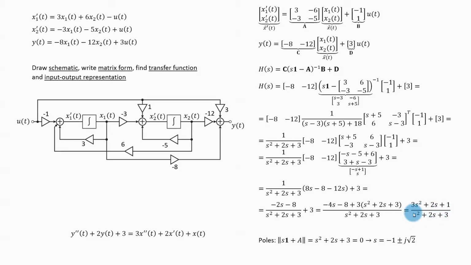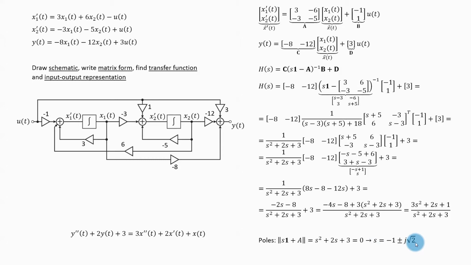Now, this denominator was created from this expression, which was the determinant of this matrix, which is this matrix. So when you know the state matrix, you can compute this determinant, which will give you this, which is equivalent to the denominator of the transfer function. You can set it equal to 0, and the values of S for which this is equal to 0 will give you the poles of the transfer function.